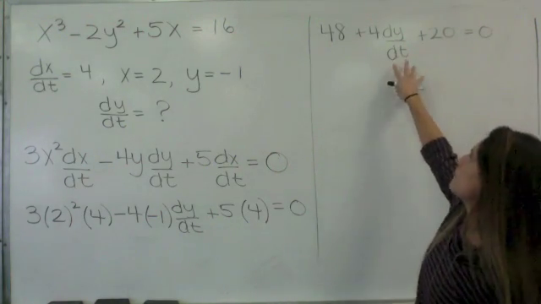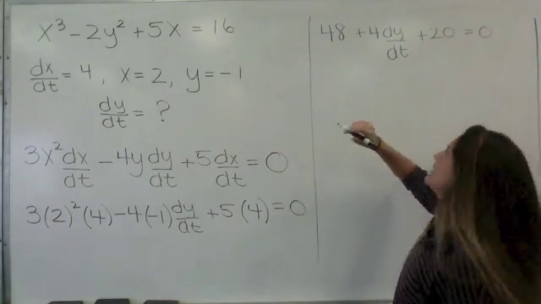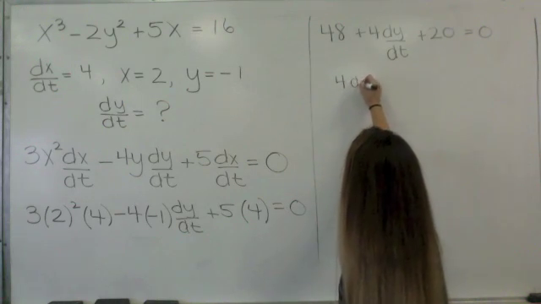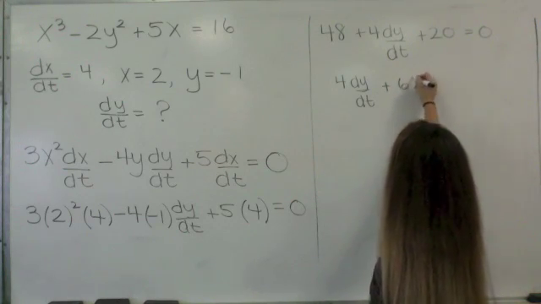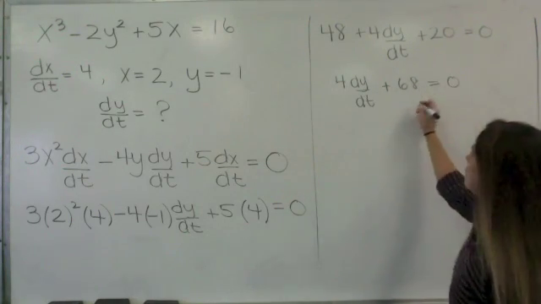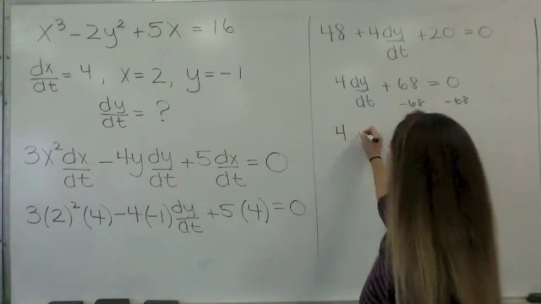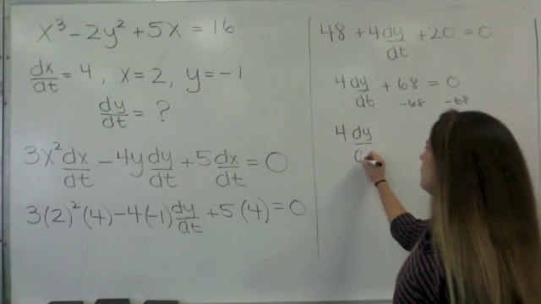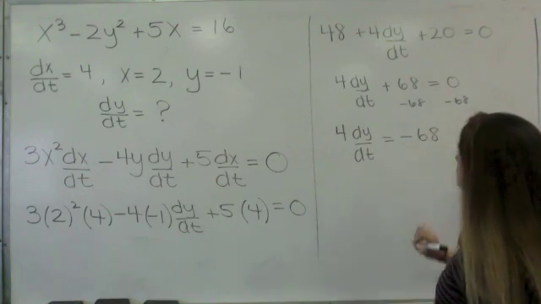All right, I'm solving for the dy/dt, so I'll take the 48 and the 20, that's 68, 4 dy/dt plus 68 equals 0. Subtract the 68 on both sides. 4 dy/dt equals negative 68.